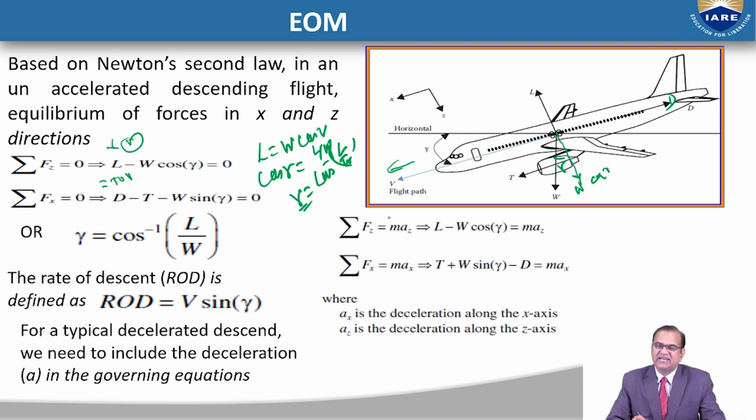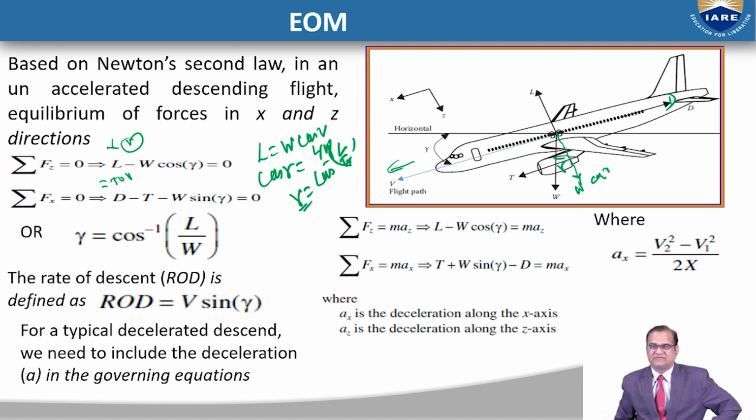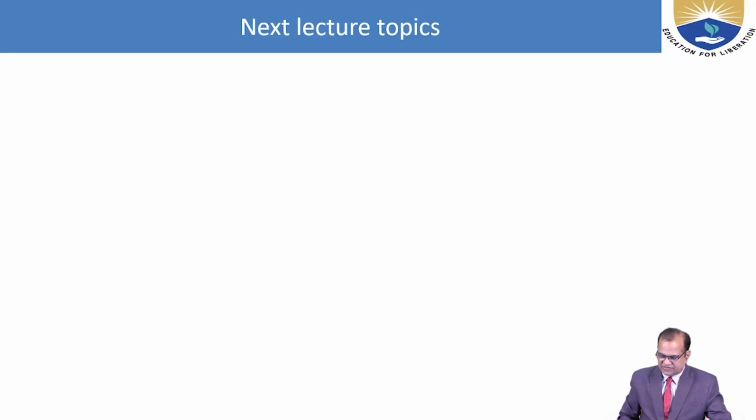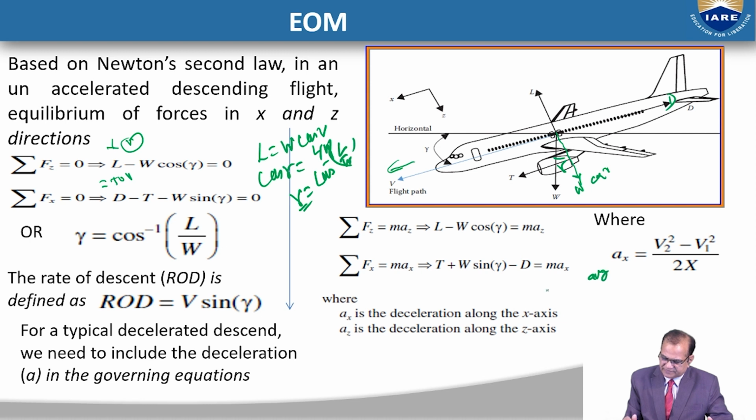So we can write that Fz is equal to m az, L minus W cos gamma is equal to m az, and in the x direction, T plus W sin gamma minus D is equal to m ax, where ax is the deceleration along the x-axis and az is the deceleration along the z-axis, where ax is equal to V2 square minus V1 square by 2x. So this is called the average acceleration. Ax is the average acceleration.